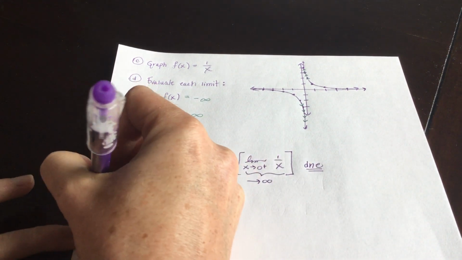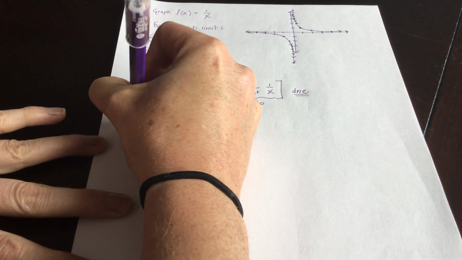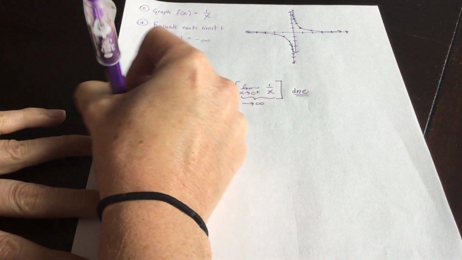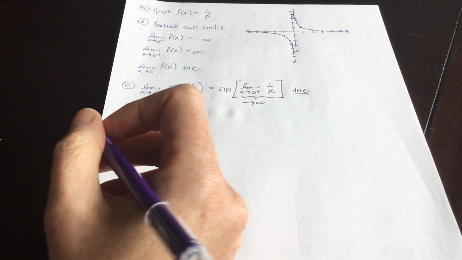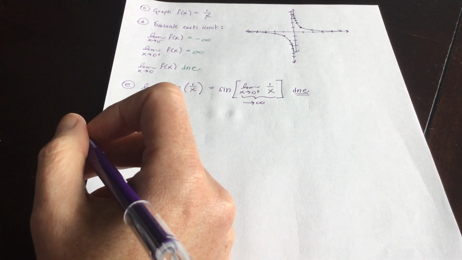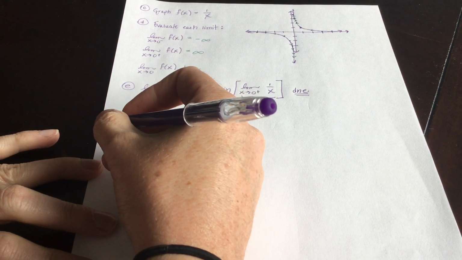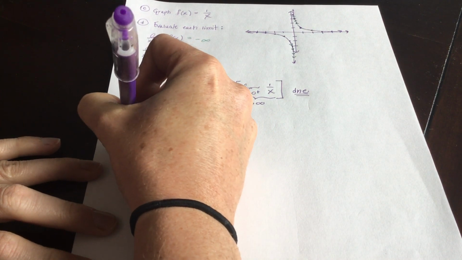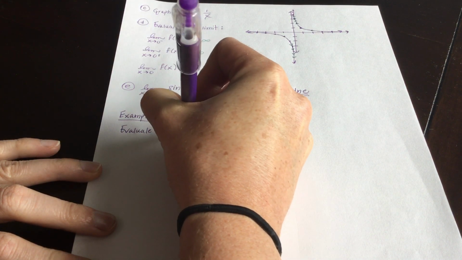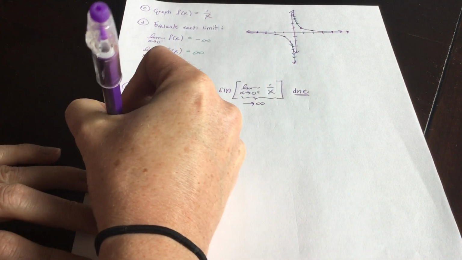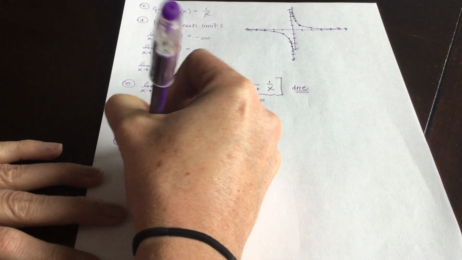Okay. Example 4. Let's see what happens. All right. Let's have you evaluate each limit. Part A, the limit as x approaches 2 of 7.